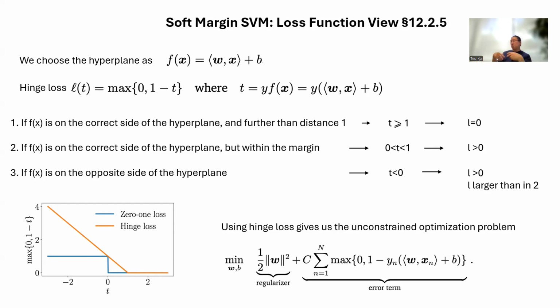Contorting a line to get the points on the right side is kind of overfitting, if you think about it, okay? And having a nice wide margin is probably a good path towards generalization. So anything that helps you towards generalization, we just call it a regularizer.